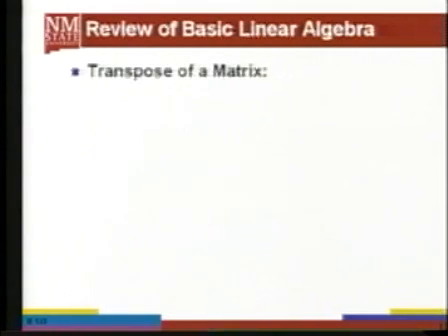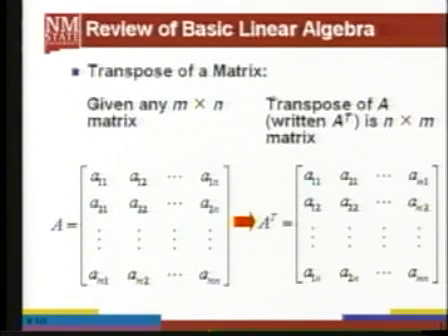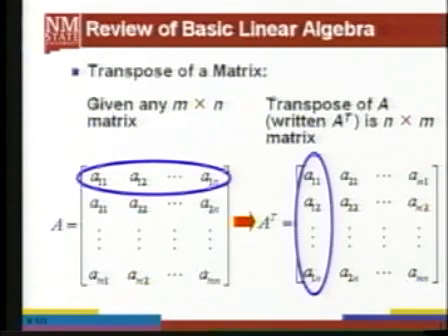Okay, next is about the transpose of a matrix. So given any m by n matrix A, the transpose of A is the n by m matrix, right? That is, the first row of matrix A becomes the first column in the A transpose matrix, right?